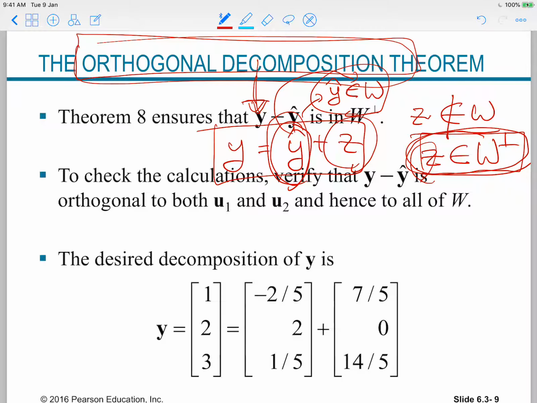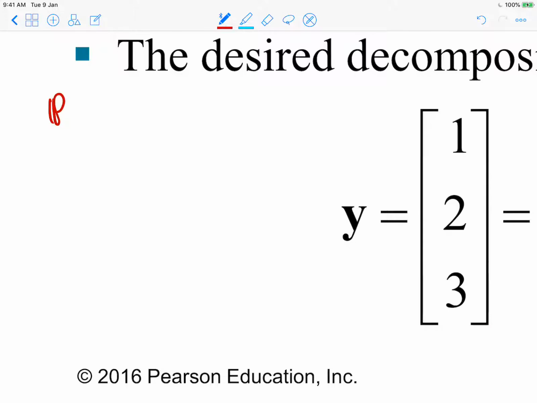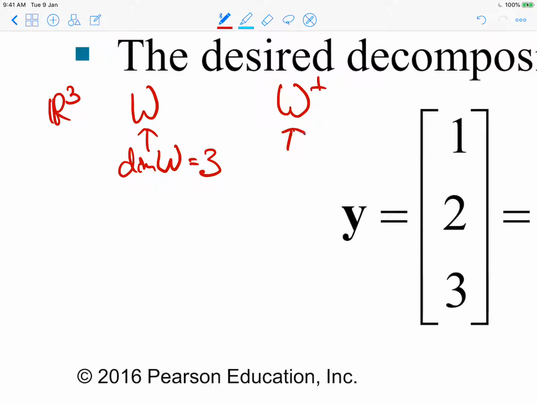And here I want to discuss a little bit more about the orthogonal complement. So you guys understood that given R5, and suppose W has dimension maybe 3, what about W perpendicular? Its dimension will be 2, right?